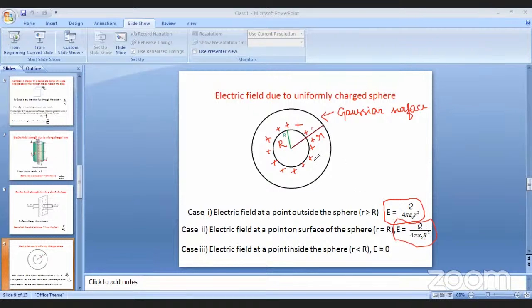And when you consider a point inside the sphere, the electric field will be 0, since inside the sphere there won't be any charges. So this is how you calculate the electric field for a uniformly charged sphere. I hope you all understood.